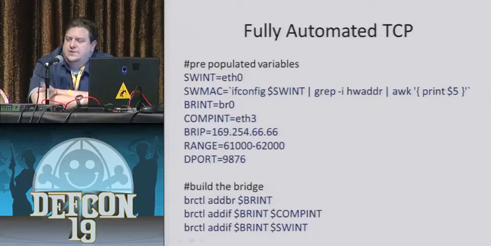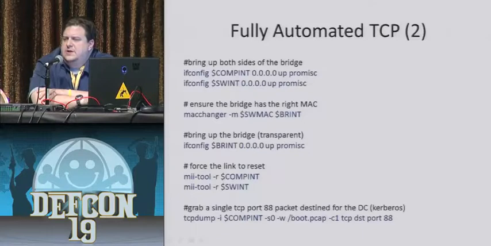Computer interface, bridge interface, all the stuff's the same. Bring up the bridge, switch the MAC address, reset the link. So at this point, we're up transparent. So now we wait with the tcpdump line until we see a Kerberos packet fly across the wire.